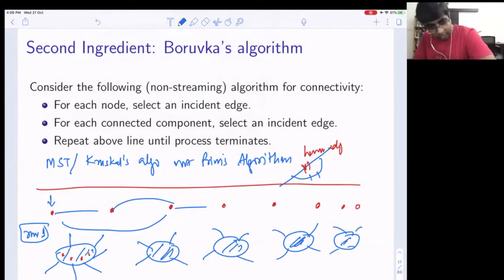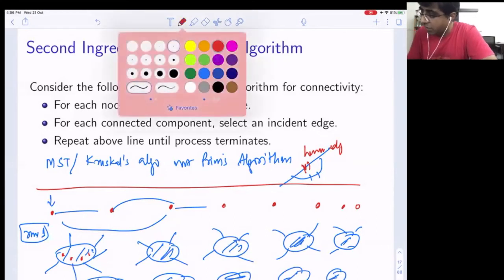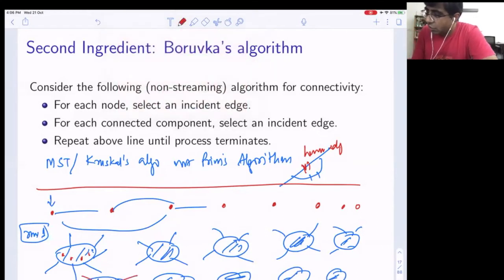Okay, round two gets completed. You get bigger components, and now you again do the same operation. You pick an edge incident to one of the components and propose to another, and you keep doing this until the process terminates.